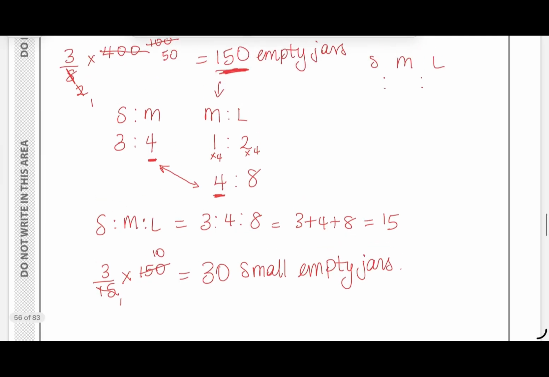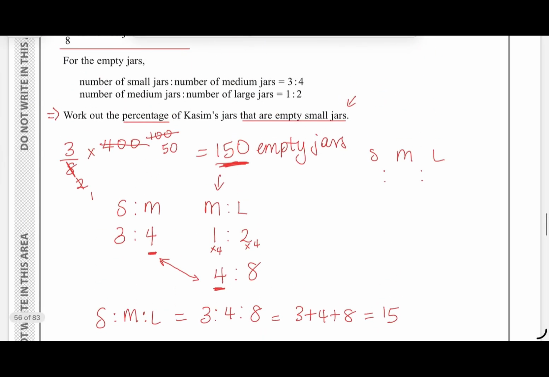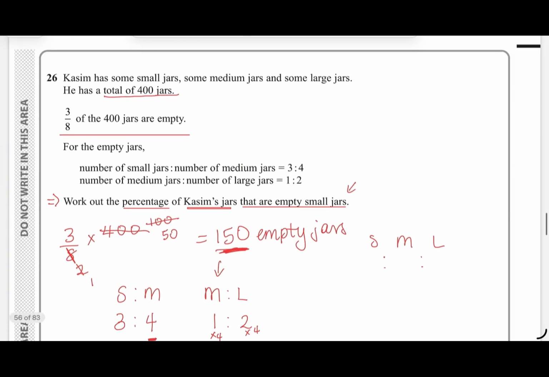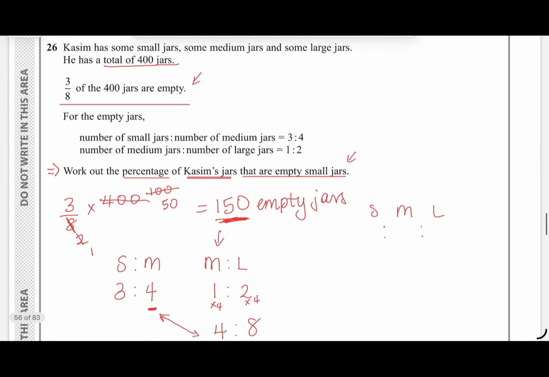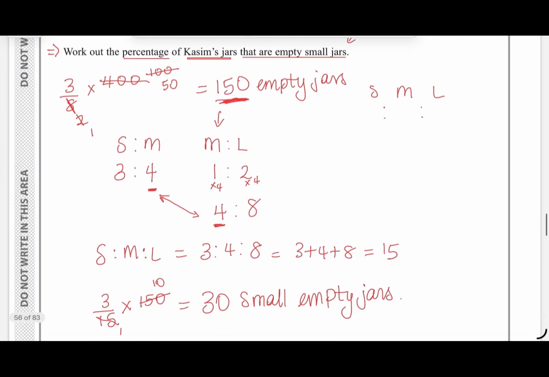And the question says to find the percentage of Kasim's jars that are small empty jars. So it's not the percentage of the 150 empty jars, it's the percentage of the 400 jars. So what percentage of 400 is 30?